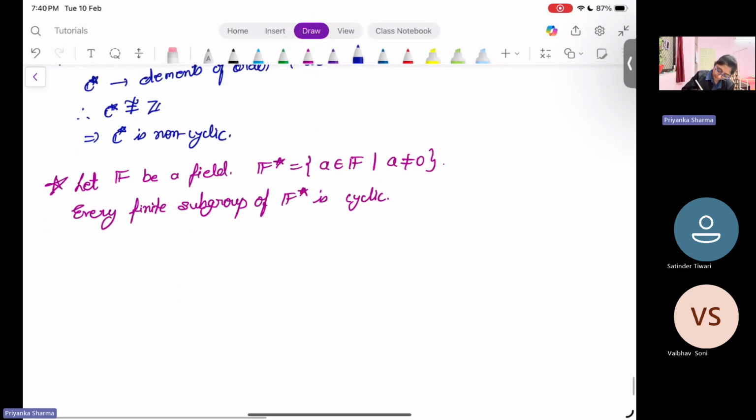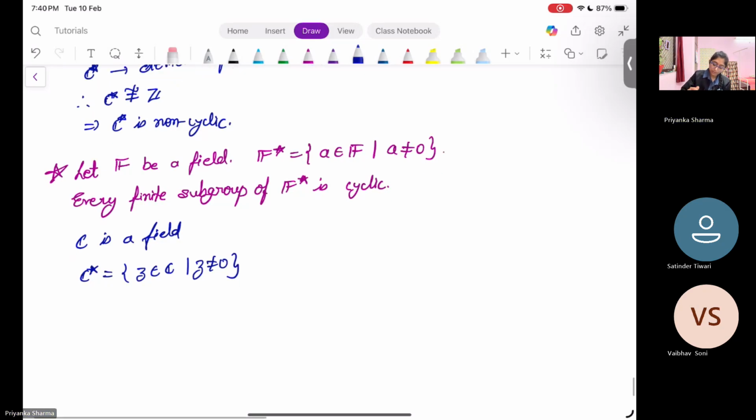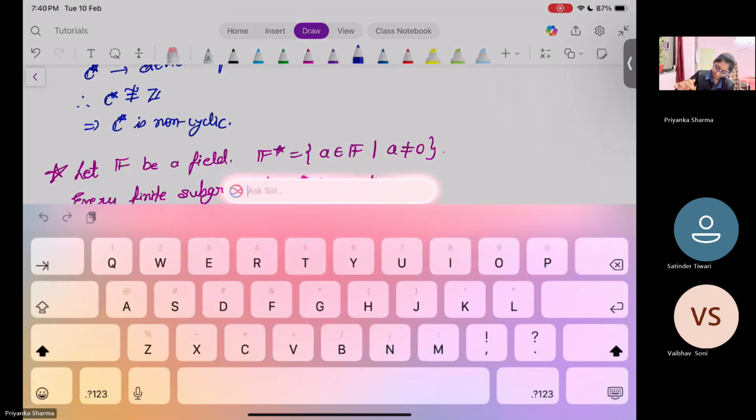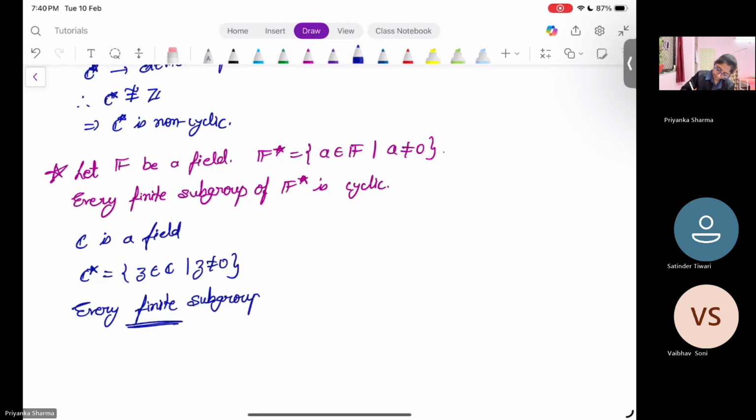So if you take this C star, so here C is a field, and C star means, similarly, you can write this: z belongs to C such that z is non-zero. So every finite subgroup of C star is cyclic, but C star itself is not cyclic.